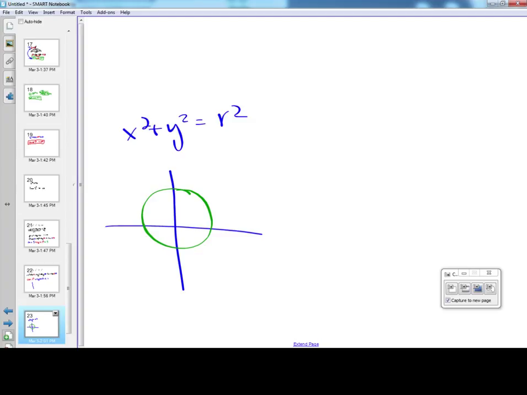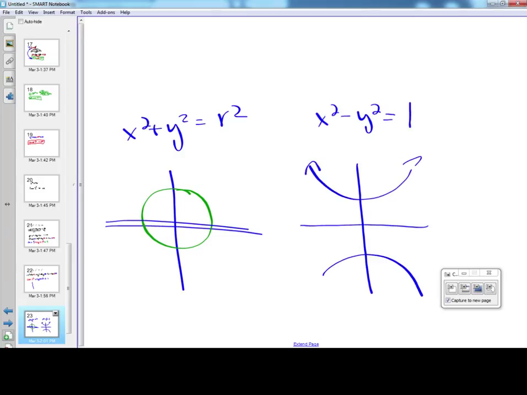Now, if you end up with x squared minus y squared equals, and technically I think we call that 1, it would still kind of be an r, but there's a little bit more nuance to that. If I took this circle and I cut it, and took this piece and flipped it, because y is negative, they're moving away from each other, which is called a hyperbola.